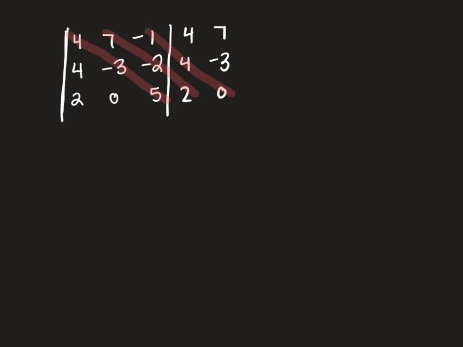So 4 times -3 times 5 will be my first one. And then I have 7 times -2 times 2, and -1 times 4 times 0.